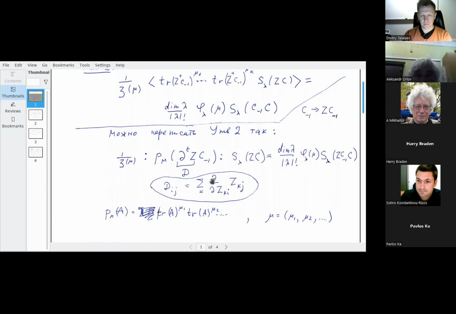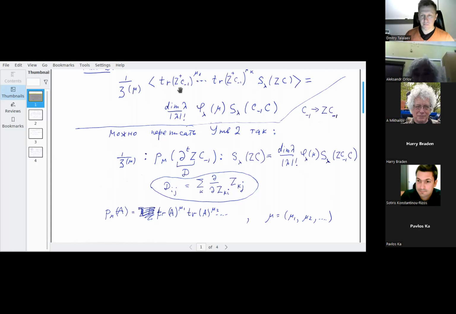And so we have this, but I wrote it for a special case. Do you see here this constant? This constant is not random, but just a source matrix, C minus 1. And let us take it equal to Z. It is forbidden here.